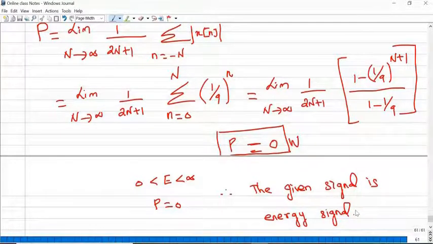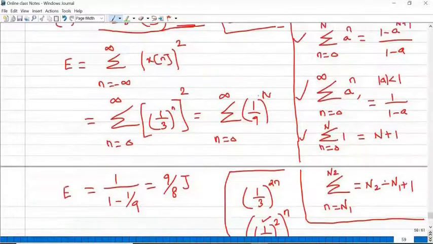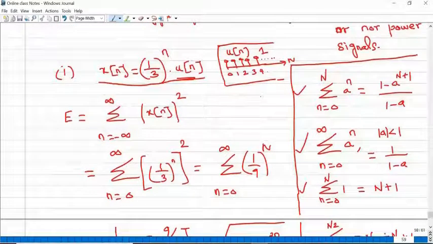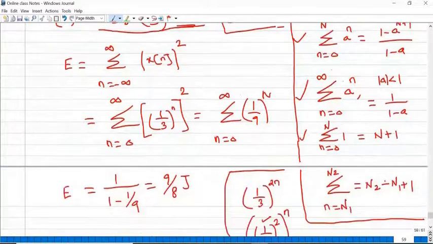Okay. So do you understand how to solve the problem in discrete time signals? First step, finding the summation limits. And then use the appropriate summation formulas.